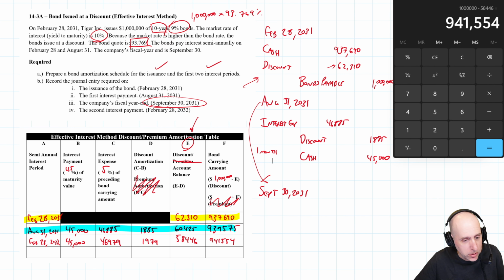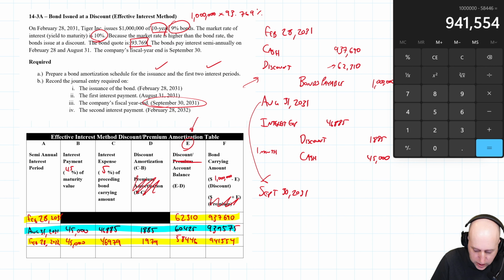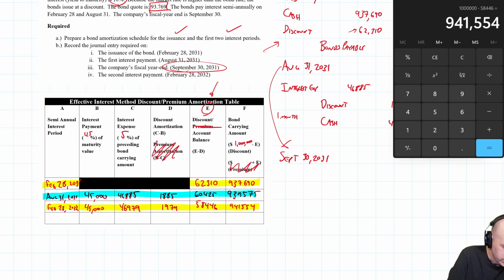So when we want to continue in the question, we actually want to look on to the next line. And remember, that line covers from August 31st to February. So don't count August. It covers September, October, November, December, and then January, February of 2032.